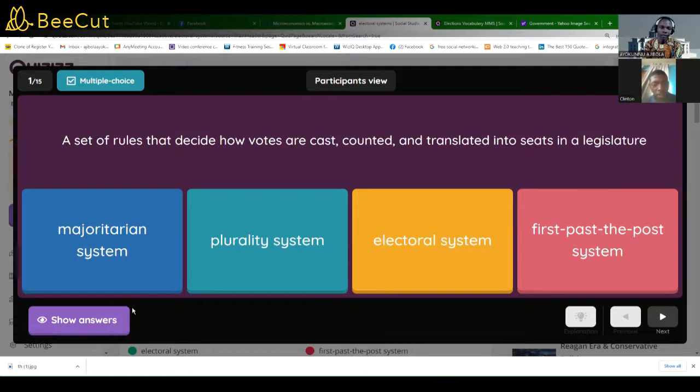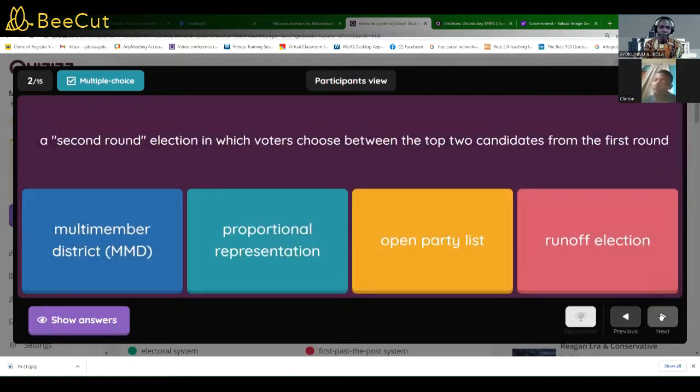Electoral system. That's correct. Okay. A second round election in which voters choose between the top two candidates from the first round is a runoff election. Runoff elections. Right.